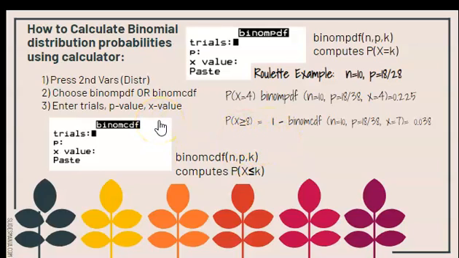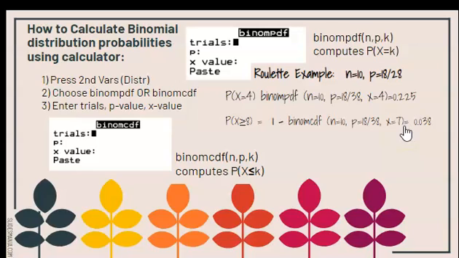Remember, one of the rules of probability is they all have to add up to 1. So if I take 1 and subtract the probability of 7 blacks and below, then I get the probability of 8, 9, and 10 added up. So how do I do this? Well, I would do binomial CDF with n of 10, probability of success, where x is 7.